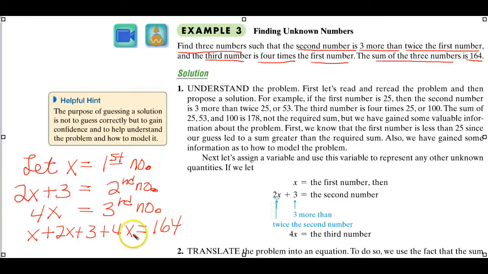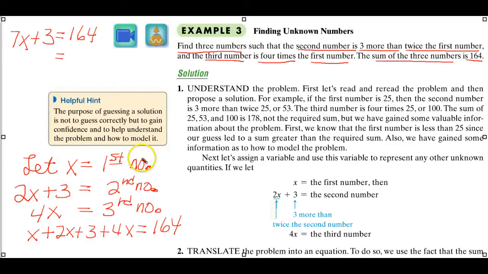And I've run out of room, so I'll put it up here. There's 1x, 3x, 7x. So we have 7x then, as we group like terms, plus 3 equals 164. Now, we have carefully read the problem. We defined each of the numbers.